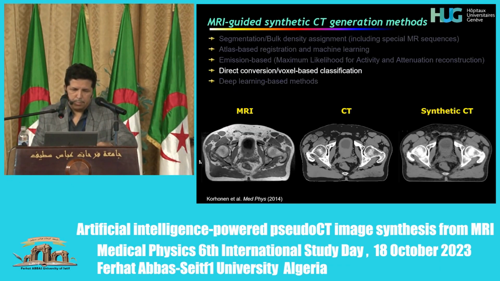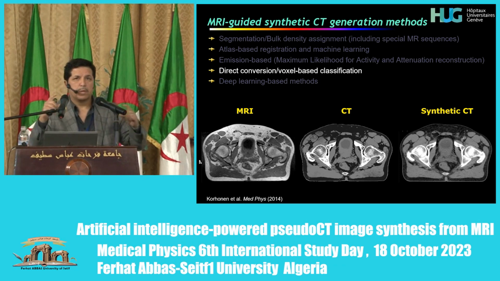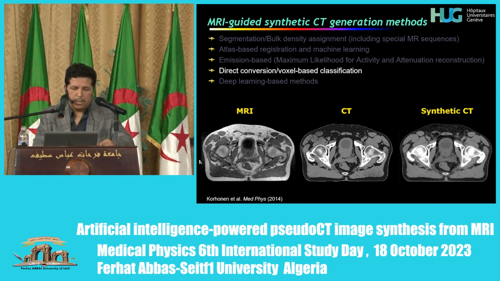Another technique which has been used in clinical setting in the context of MRI-guided treatment planning is the direct conversion or classification, like this one proposed by Cohen. Again, it relies on multiple well-aligned pairs of CT and MRI scans, and the only difference is the way to do the conversion, right?